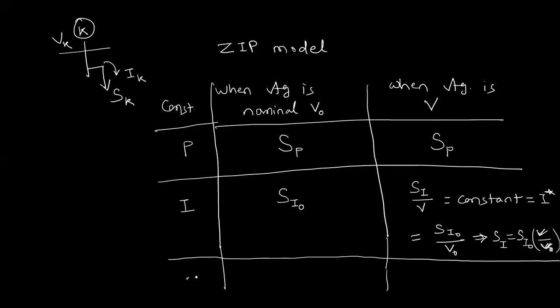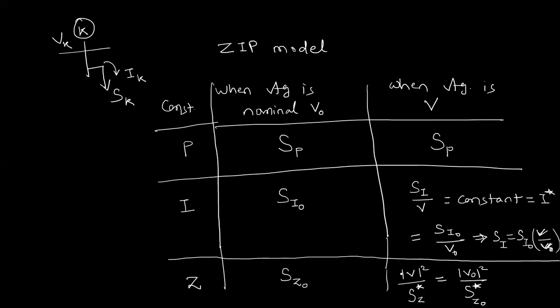Okay, now let us discuss the constant impedance part. Let us assume that when voltage is nominal, this is SZ0, and here impedance remains constant. Impedance remaining constant means Z remains constant, which is represented as mod V square by S conjugate, and that is equal to mod V naught square by SZ0 conjugate.